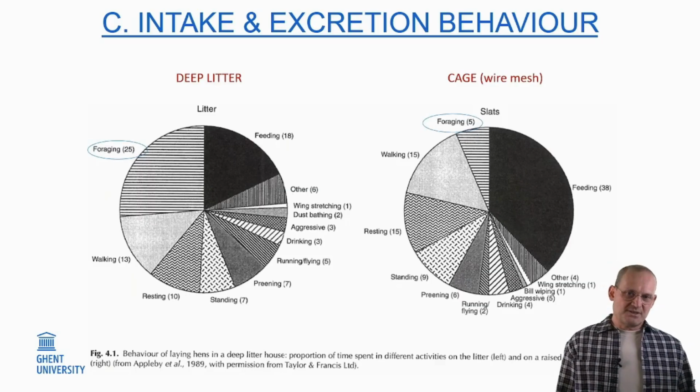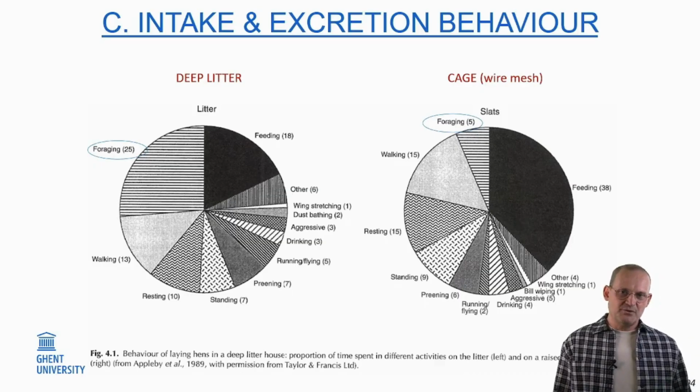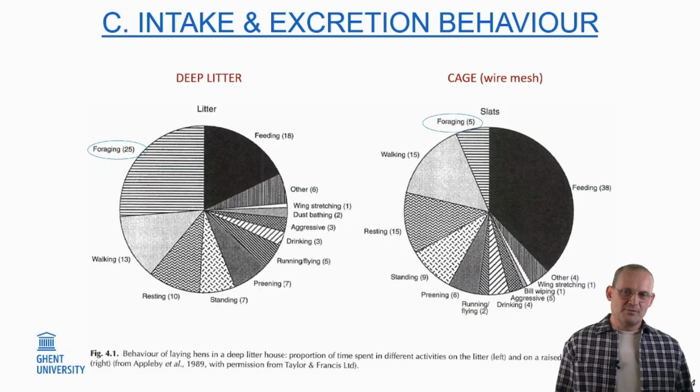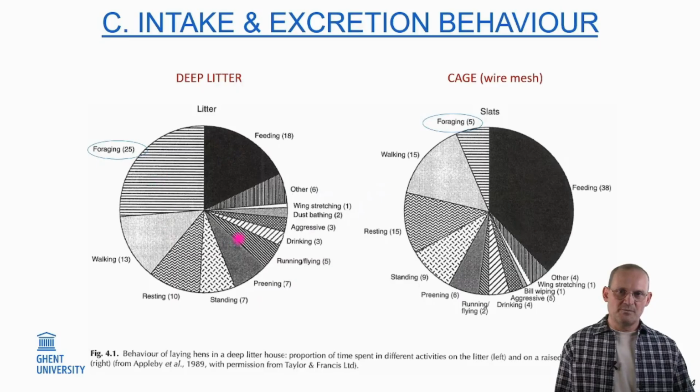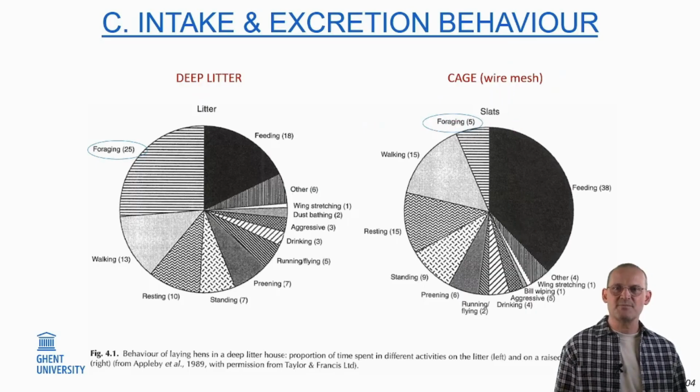How we house poultry has a huge effect on the behaviors they can perform. And here you see a difference in the activities they perform on average during a day in a deep litter system versus a cage system with wire mesh. And this was a study with laying hens.